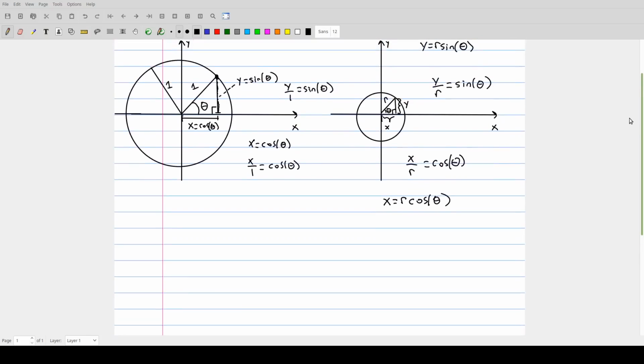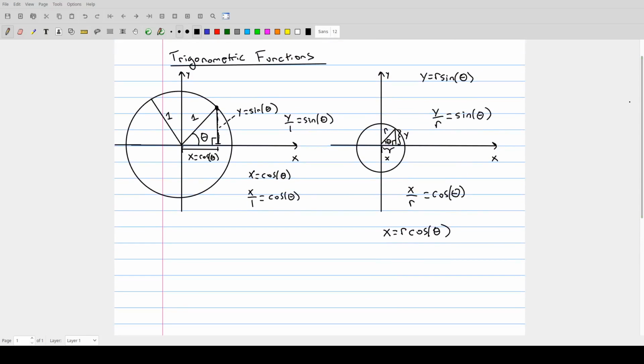And this gives us essentially the basics of all we need to deal with trigonometric functions. The idea is that it's all based on basic geometry and similarity of triangles.